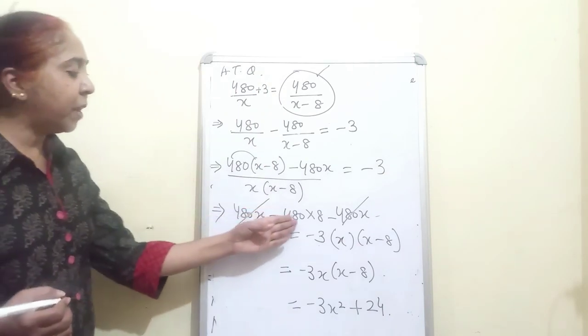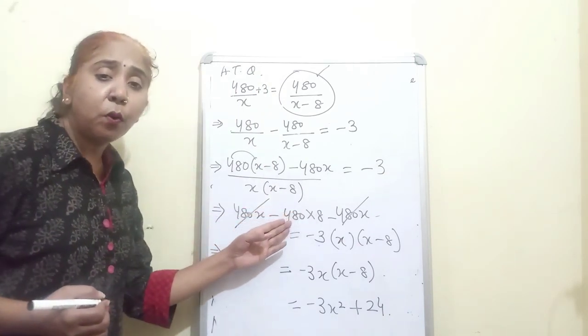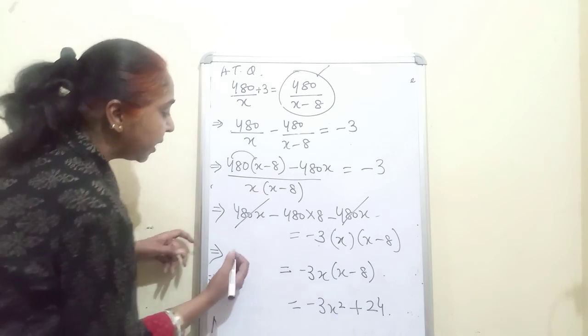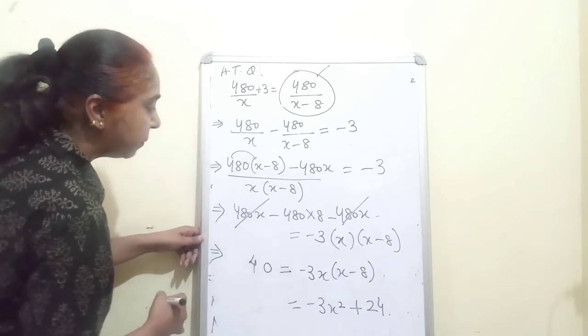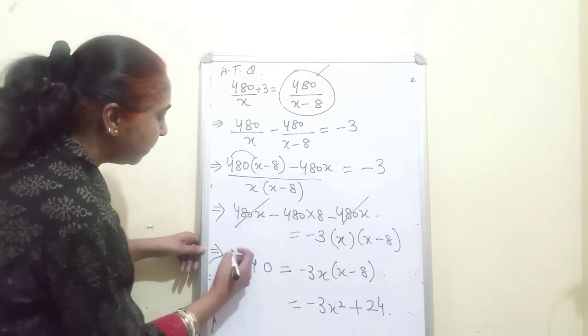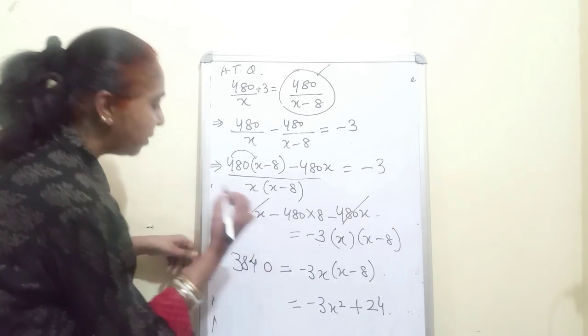So I'm waiting for your product here. What is the product of 480 into 8? It will be 3840. 8 4s are 32, 8 8s are 64, 384, and it will be 3840.